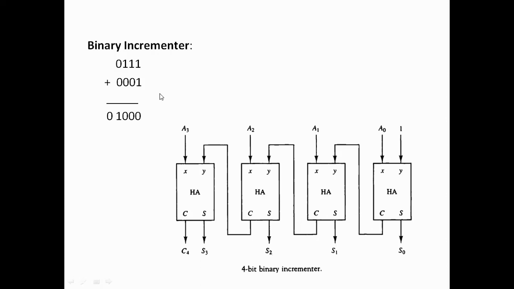Same as here, the carry will go to the next, and this will continue up to 4 stages. Finally, we will get a sum of these bits. That will be the final increment answer. The answer will be from S3 to S0. So this is a very simple logic by which we can create a binary incrementer.